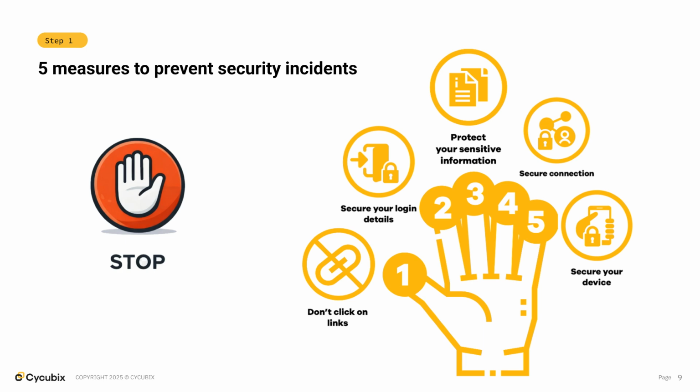Secure your device. Keep software updated, lock screens, use endpoint protection where available, and don't install unknown apps or plugins just because a message tells you to. If you do only one thing, do stop first. That single pause prevents the click, the reply, and the credential handover that attackers rely on.